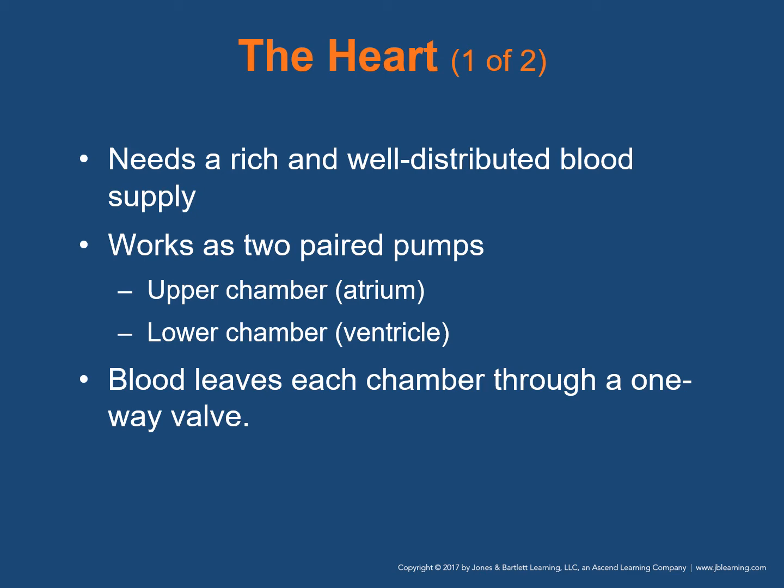It does this working with two paired pumps, the upper chambers, right and left atrium, and the lower chambers, the right and left ventricle. Between the right atrium and right ventricle, and between the left atrium and the left ventricle, you'll find a one-way valve. This prevents backflow so that when blood goes from the right atrium to the right ventricle, it stays there and does not seep back into the right atrium.